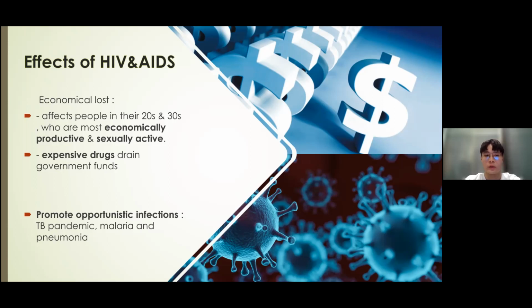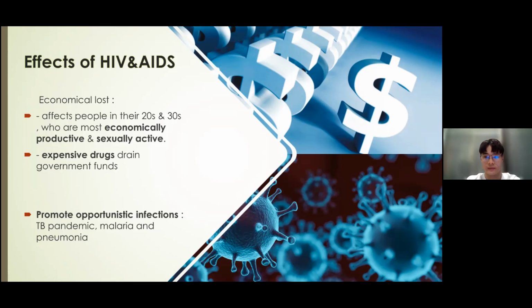Expensive drugs will also drain our government funds because the government will pay for the drugs for HIV patients. The other effect of HIV is that it promotes opportunistic infection, like Sam mentioned earlier. This is because HIV has weakened our immune system.